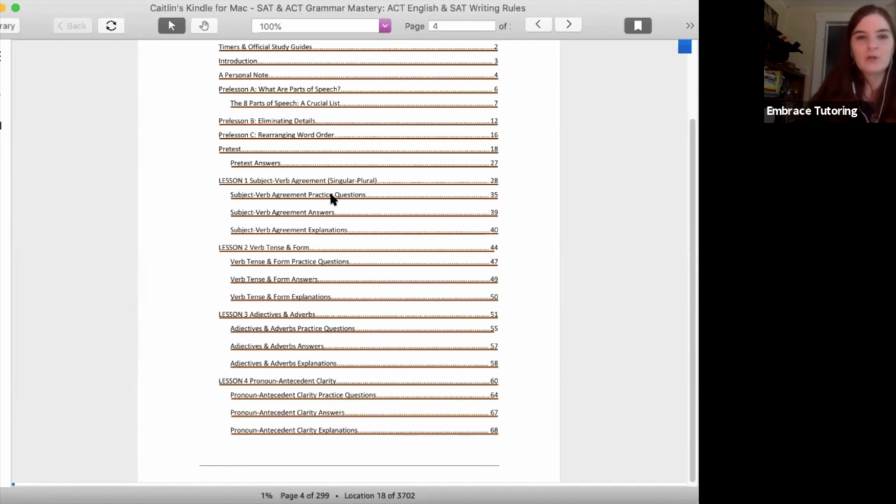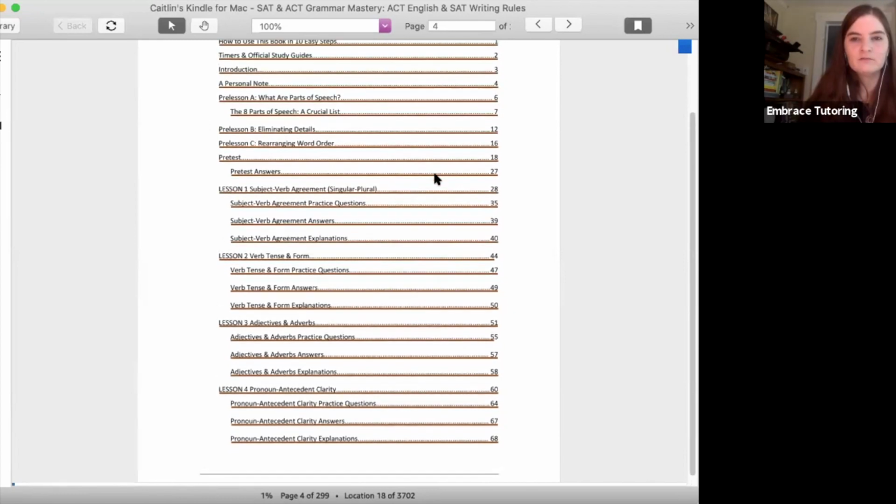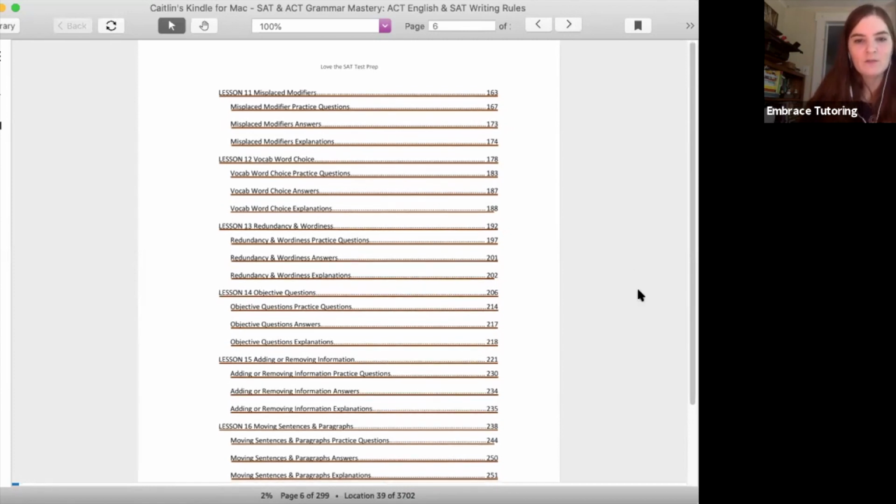Eliminating details, rearranging word order, subject-verb agreement, verb tense and form, adjectives, adverbs, pronoun-antecedent clarity, a lot more with pronoun-antecedent agreement, pronoun case, conjunctions and transitions, punctuation marks, sentence structure, parallelism and comparisons, all of these kinds of things, misplaced modifiers, vocab, word choice, so diction really, redundancy and wordiness, objective kinds of questions, adding and removing information, moving sentences and paragraphs.